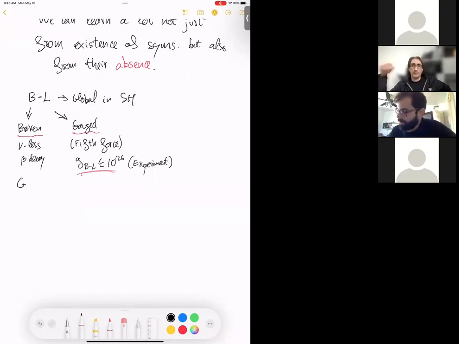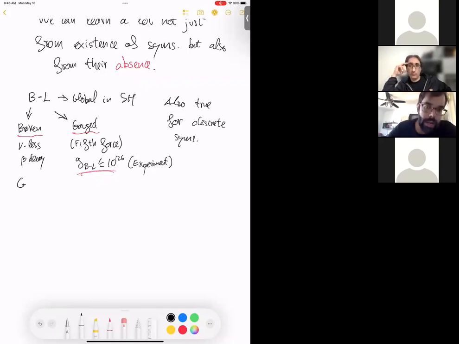Sorry, does this no global symmetry statement work for discrete symmetries like parity or charge conjugation as well? That's a great question indeed. We believe that this is also true for discrete symmetries. Discrete symmetries have to be broken or gauged. The case you were talking about was parity. Indeed, it's true in string theory compactifications.